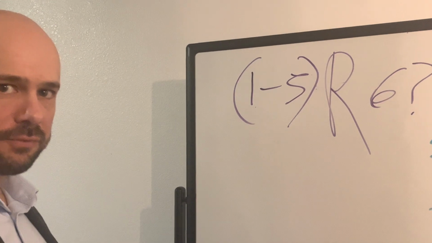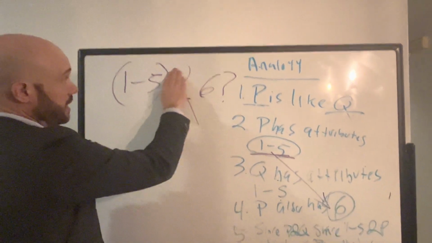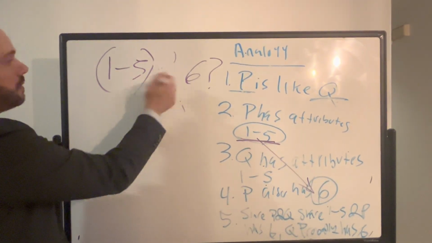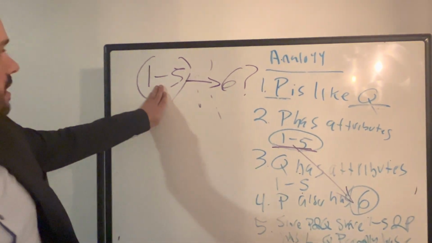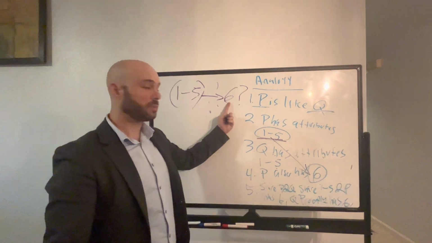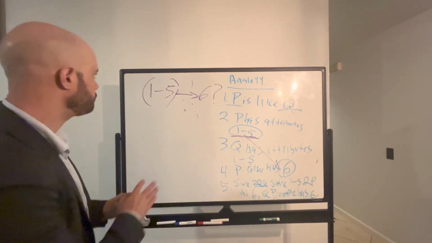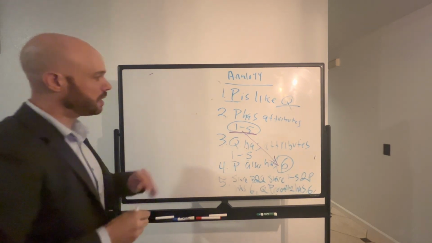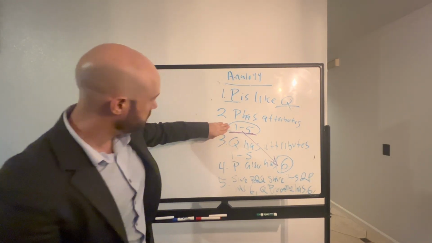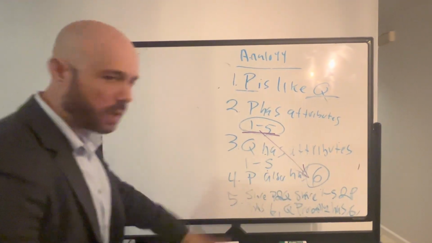There are different ways to figure that out, but that's the name of the game. We want attributes that are clearly related to each other, such that having a certain set of them implies, or makes it more likely, that you will have this other attribute. And so what we want to focus on with premises 1 through 5 and 6 is relevance.